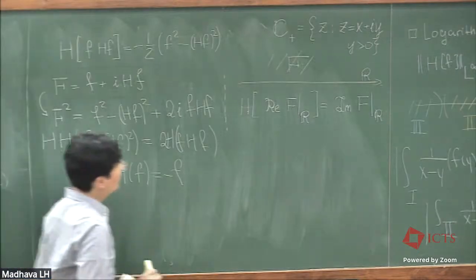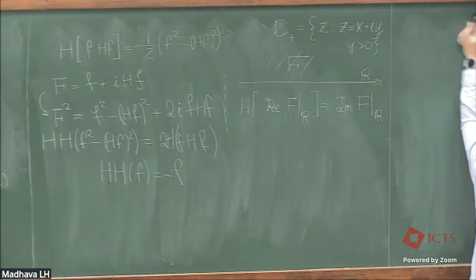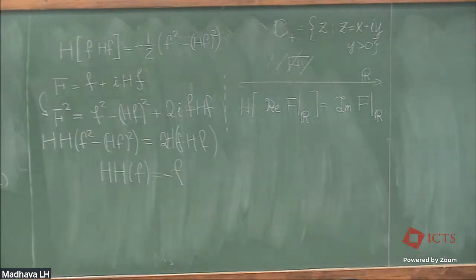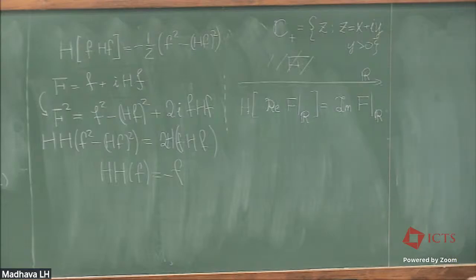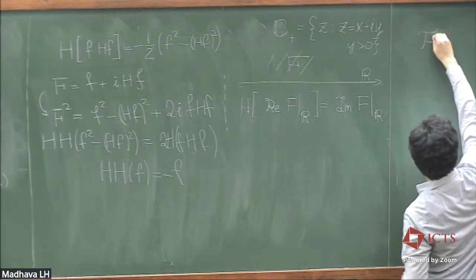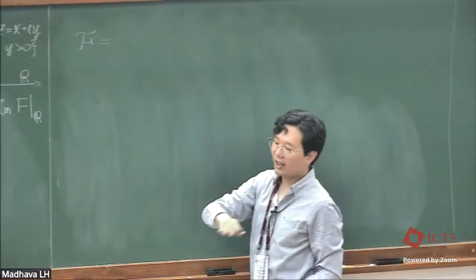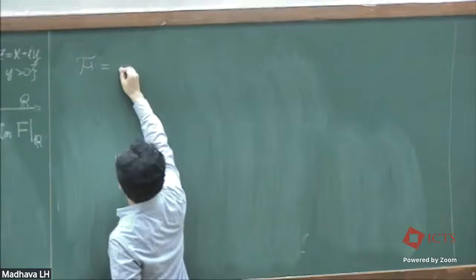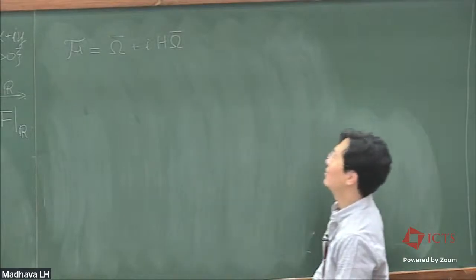So what do we do? We define the complex analytic dependent variable. So we are solving the profile equation for CLM. And what do we do? We introduce, there is an issue with notation. Let's say F is the complex analytic function whose trace on the boundary equals omega bar plus i times Hilbert omega bar.